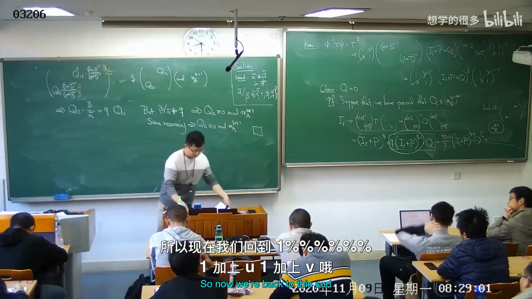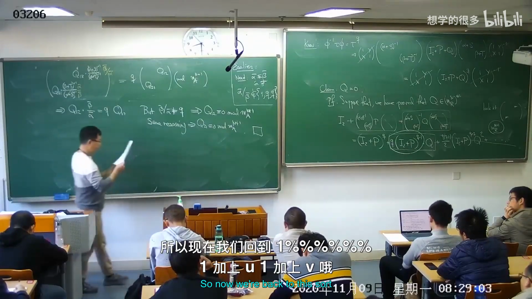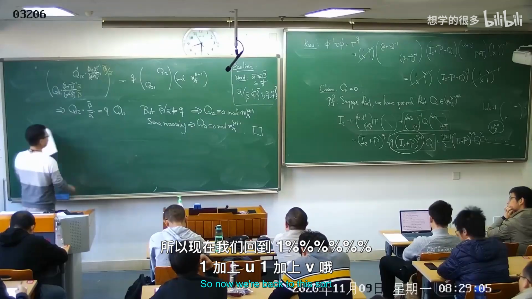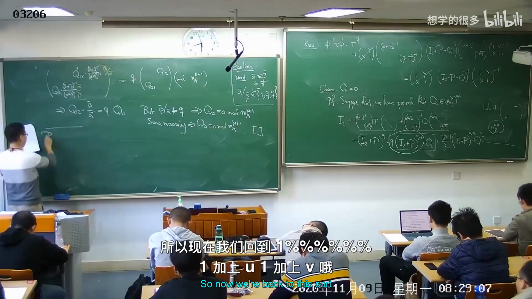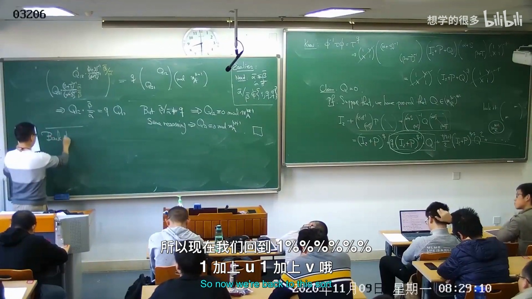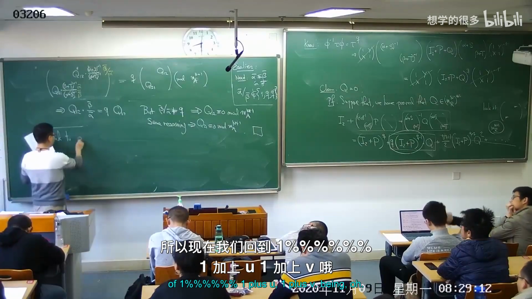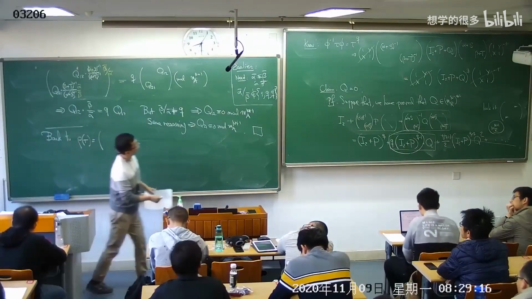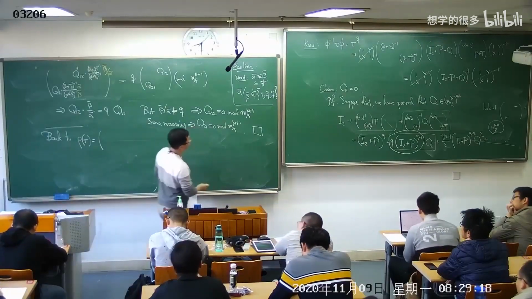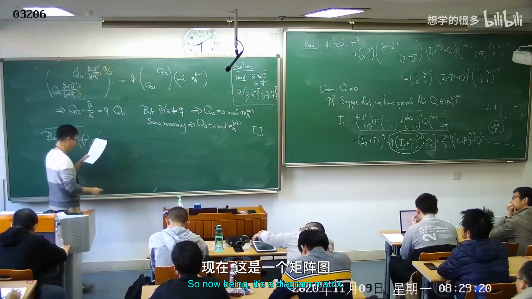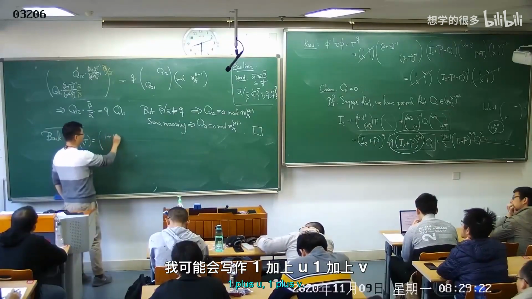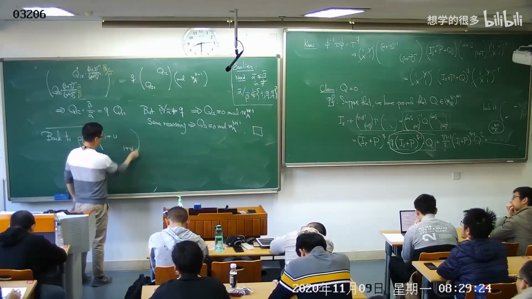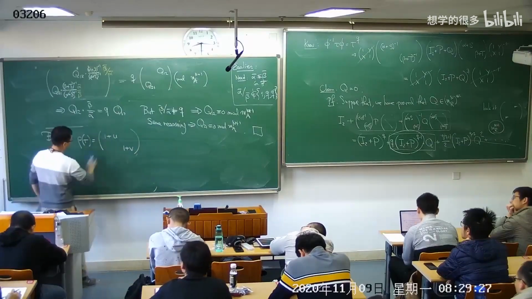Okay, so now we're back to this rho tau being, so now it's a diagonal matrix. Maybe I'll just write it 1 plus u, 1 plus v. Oh, sorry, up to conjugation.